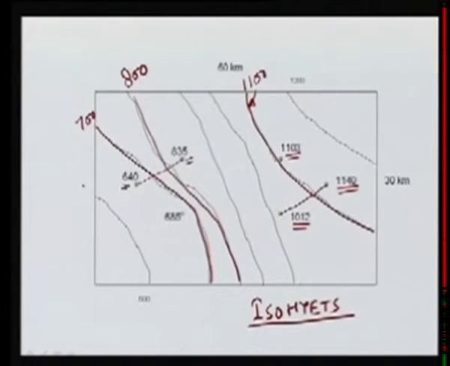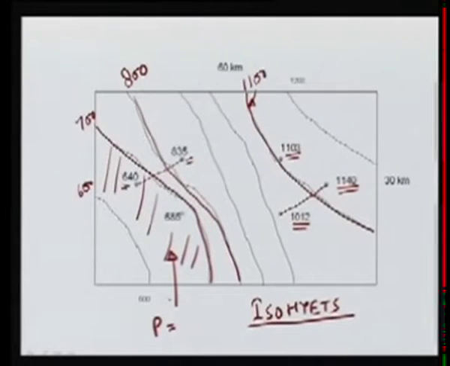And between any two isohyets we can find out what is the area, and assume that in this area the rainfall is equal to the average of the two isohyets which bound this area.